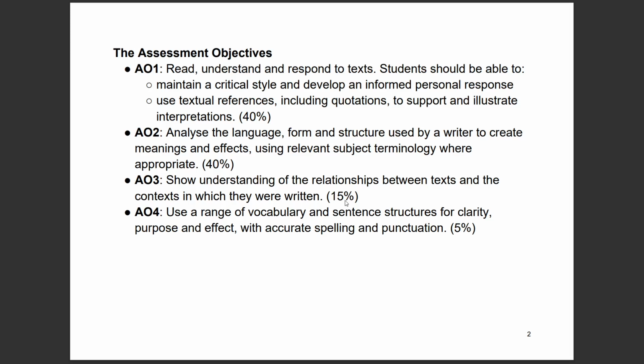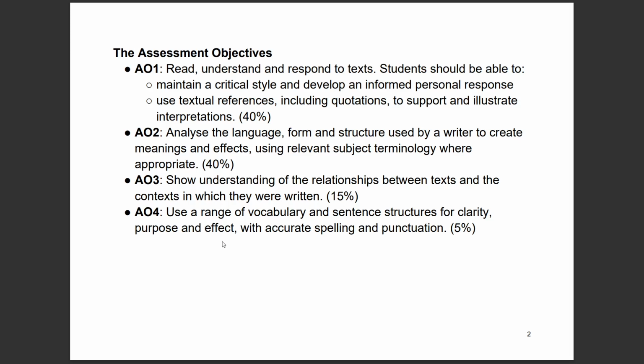Actually, you only need a little bit of context. But if you can make that context really count, be really relevant, then you can actually get those 15% marks quite easily by just being very careful about the context that you discuss.